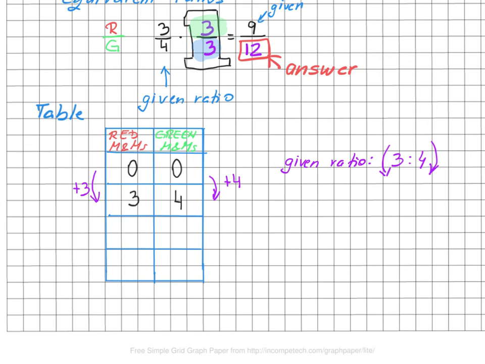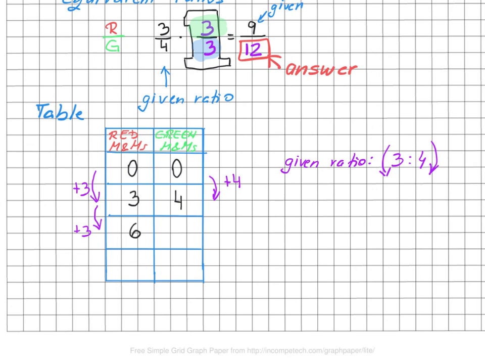Now the second sentence says, if I have 9 red M&Ms, which means I have to keep adding 3 red M&Ms until I reach 9 red M&Ms. So these 3 plus these 3 gives me 6 red M&Ms.